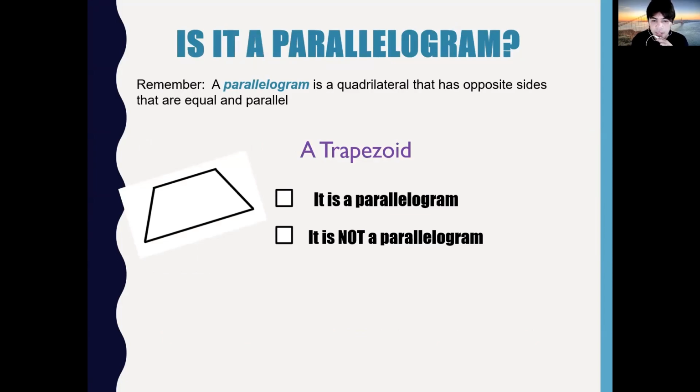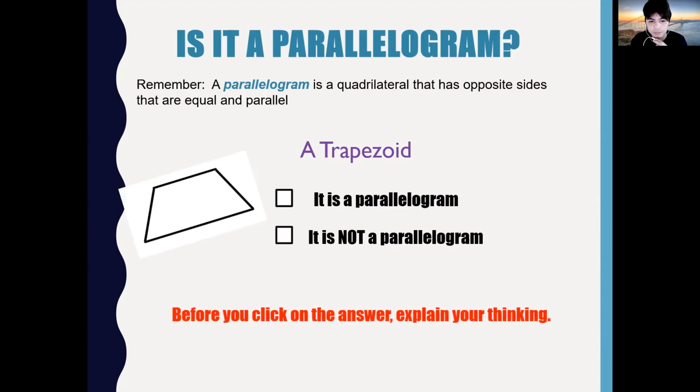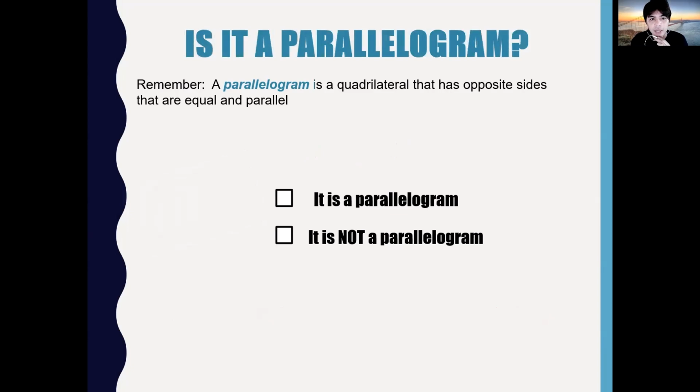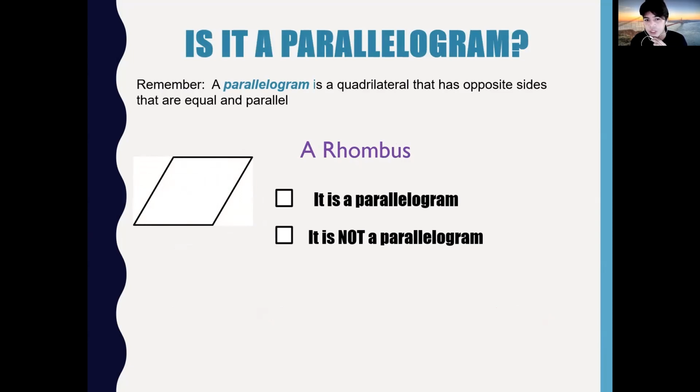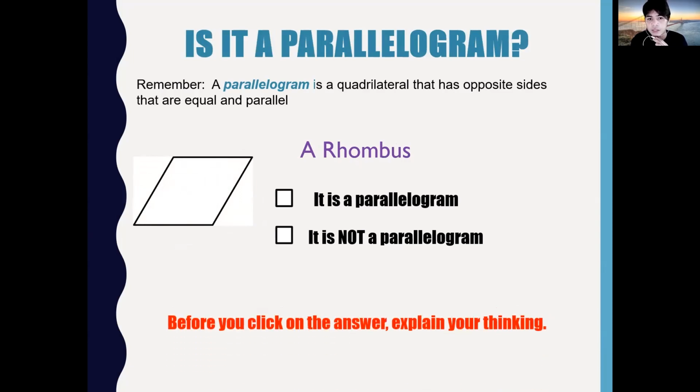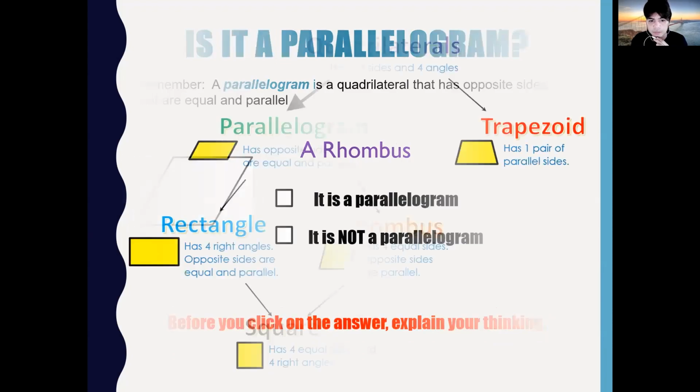So that means it is not a parallelogram. A trapezoid is not a parallelogram. And then we have a rhombus. Is it a parallelogram or not? Yes, a rhombus is a parallelogram because it has equal sides and opposite sides are parallel to each other.